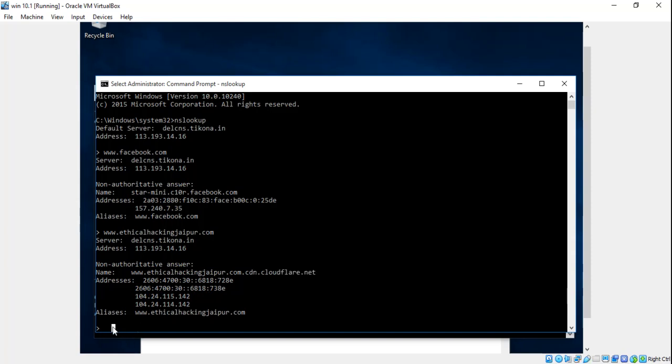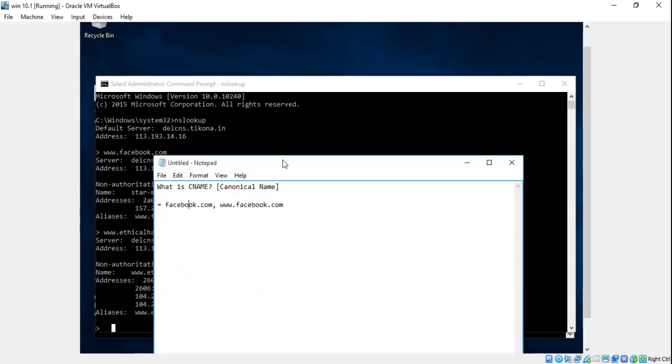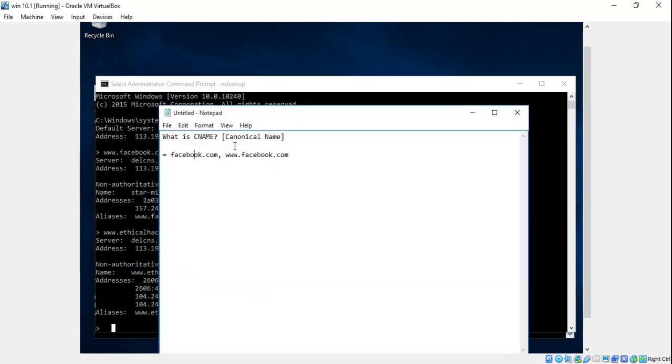Now let's try to find out CNAME, that is canonical name. Now you might be thinking, what is CNAME? See, suppose there are two domain names, facebook.com and www.facebook.com, pointing towards the same application. So instead of maintaining two different records for DNS, what we can do is set a record for facebook.com which is pointing towards the server IP address.